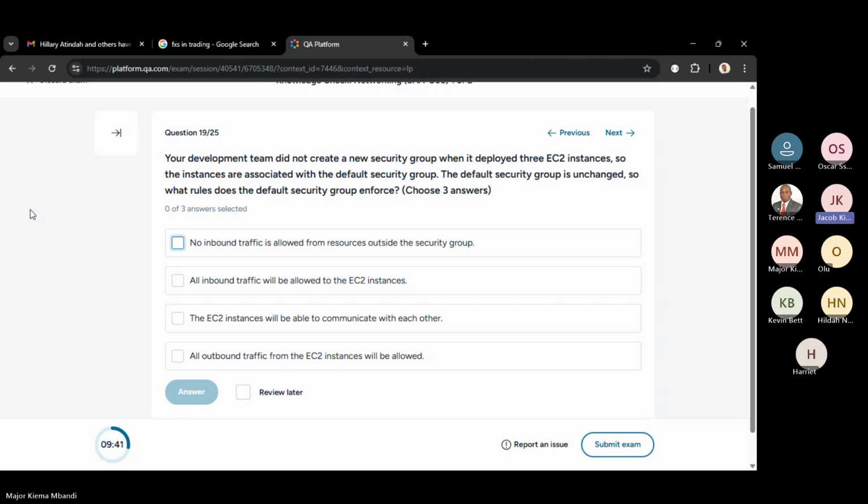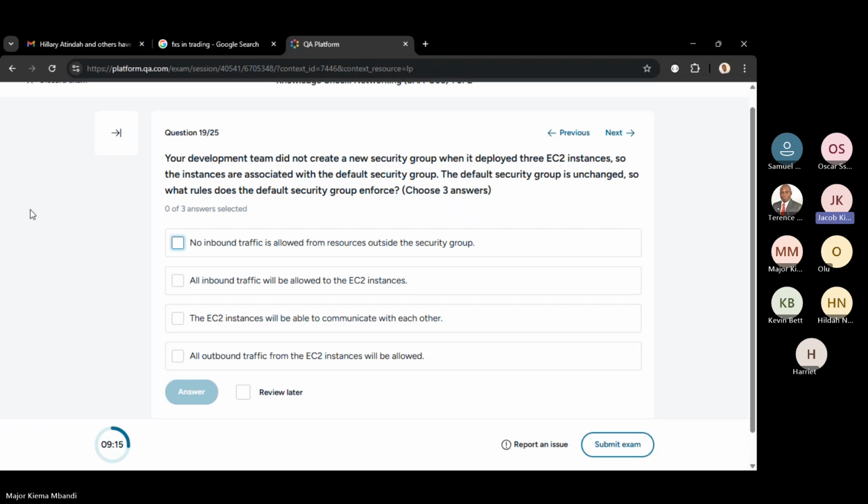First option, no inbound traffic is allowed from resources outside the security group. All inbound traffic will be allowed to the instances. The instances will be able to communicate with each other. All outbound traffic from the instance will be allowed.